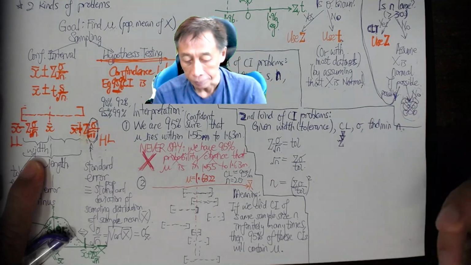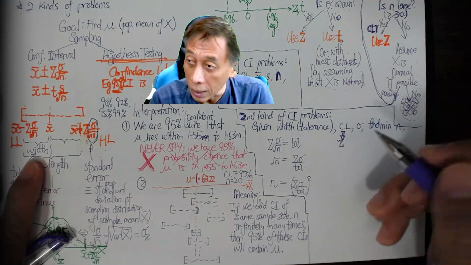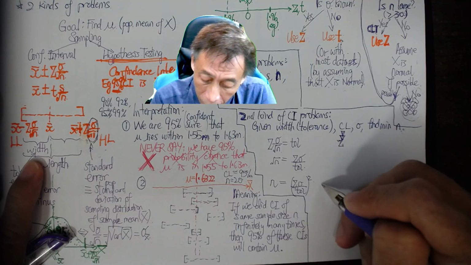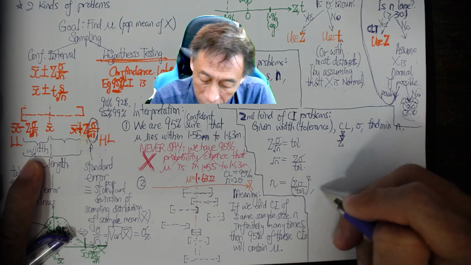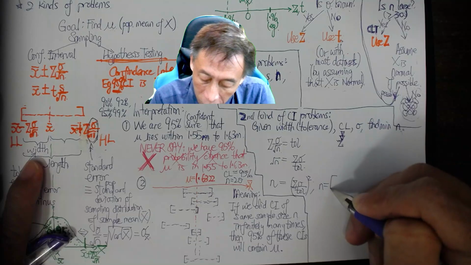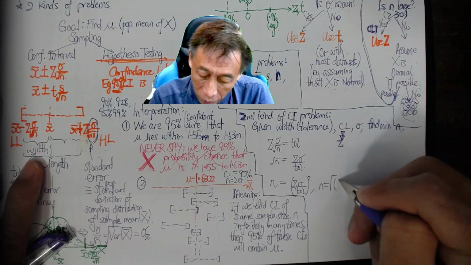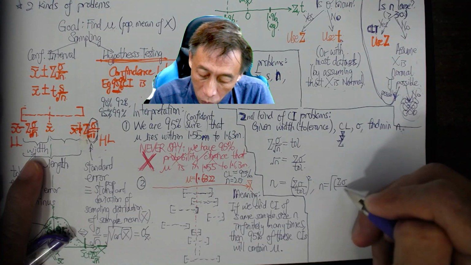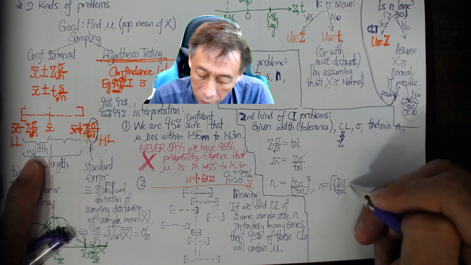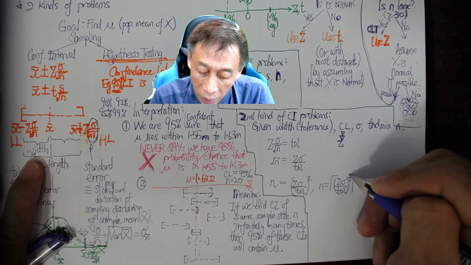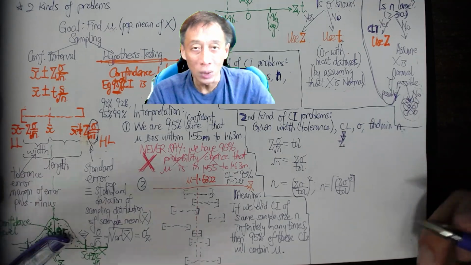That's all. So what you do is we will just say n is equal to the next higher integer of this calculation: z sigma over tolerance squared, rounded up. That means do a little bit more work.